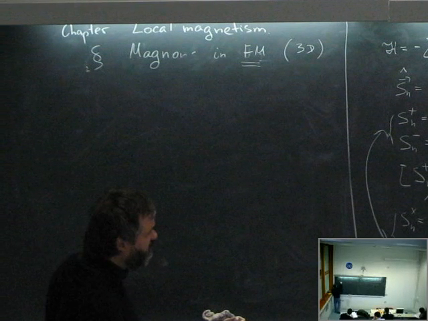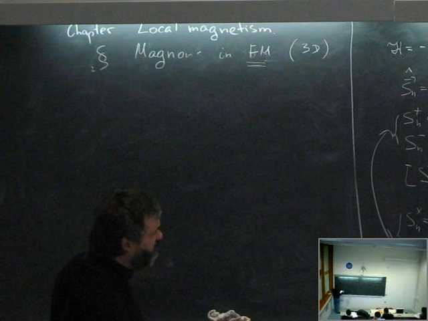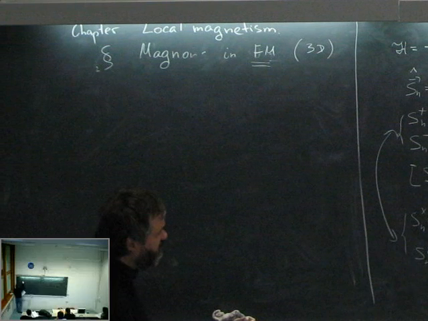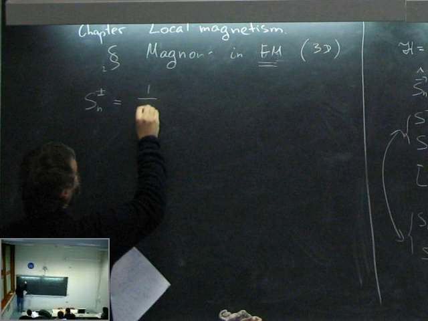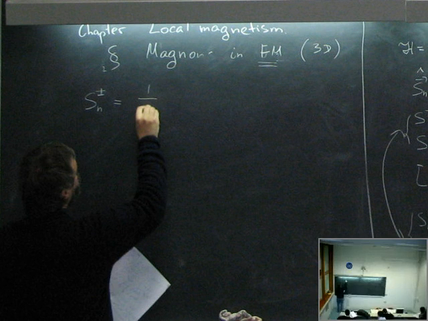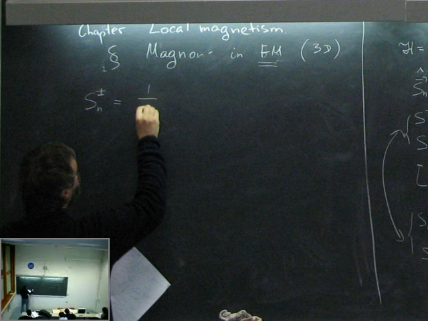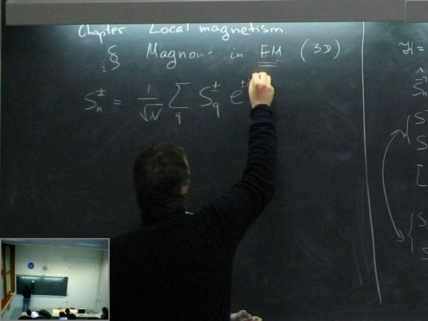So the notation is S plus n minus, I'm talking about Fourier transform, it's 1 over square root of N, and N is the total number of lattice sites in the system, sum over q, S plus minus q, here e to the power plus minus i q r_n.